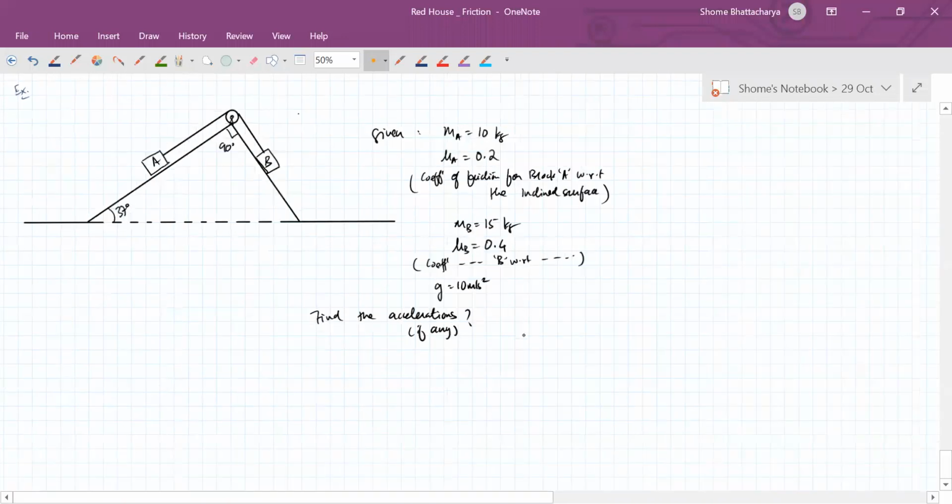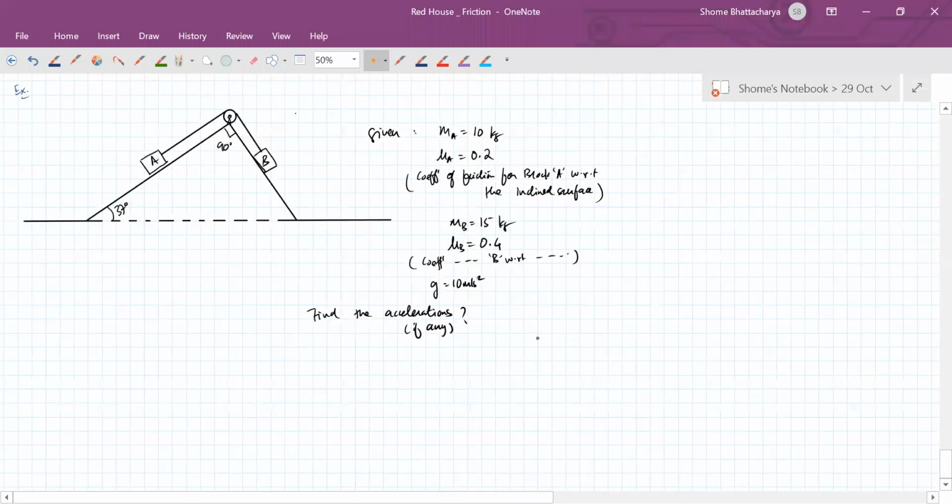Then you'll realize what friction is trying to do over here. So what is the so-called tendency for slipping?